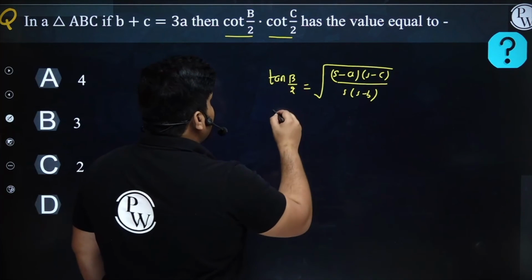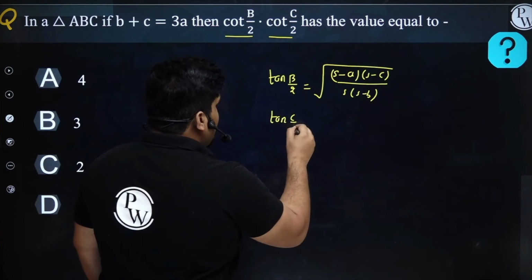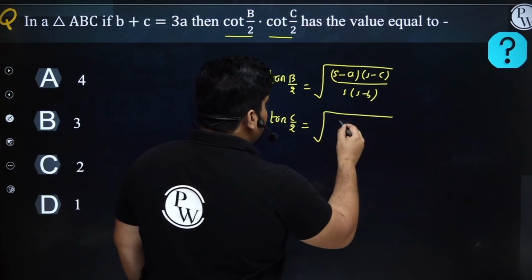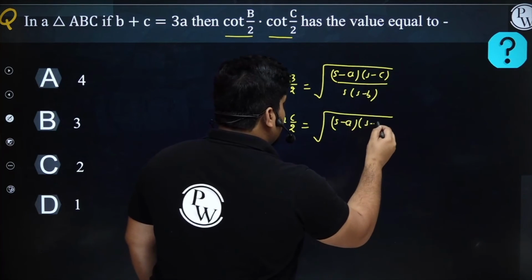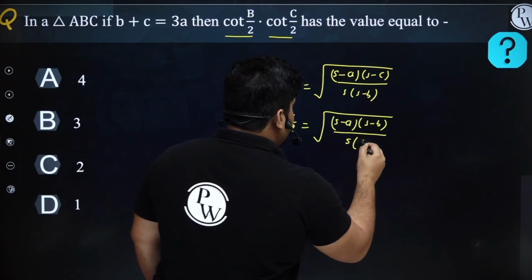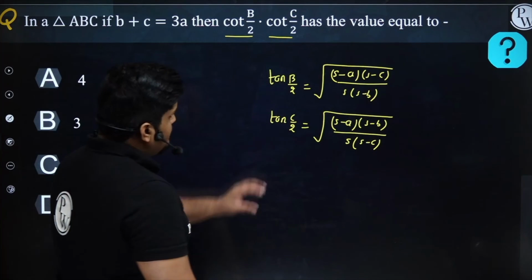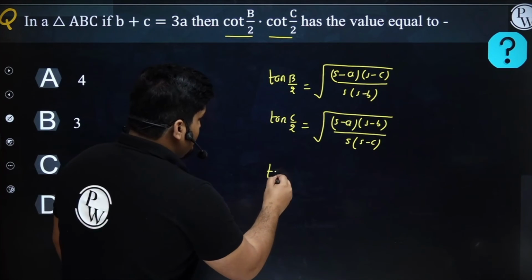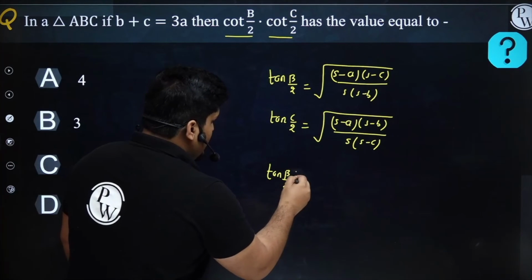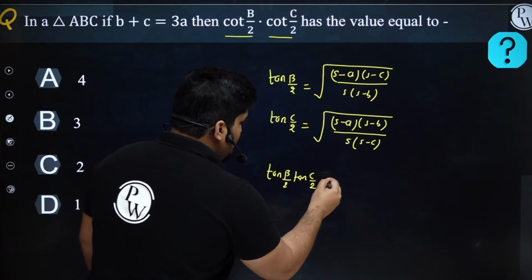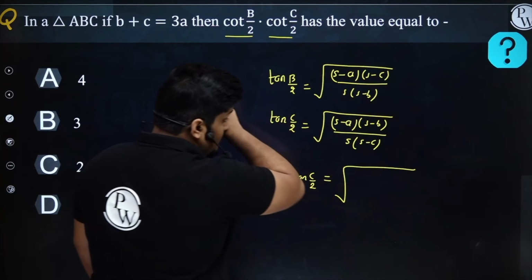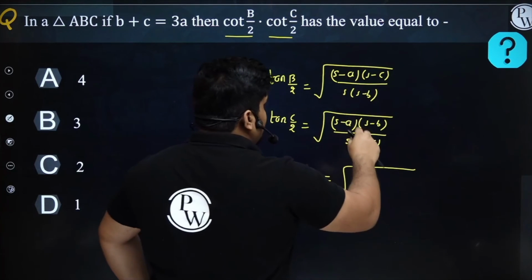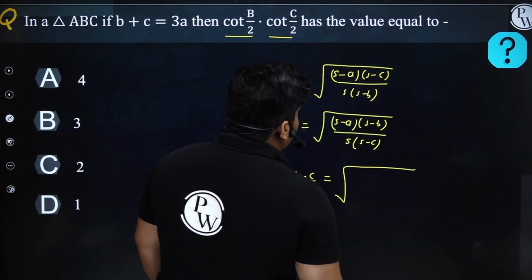Then cot C by 2. What is the value of tan C by 2? This is equal to (S minus A)(S minus B) over S into (S minus C). So if I multiply these two, what is happening? Tan B by 2 into tan C by 2. If I multiply these two, what will happen? You see, S minus A, S minus B, what will cancel out?